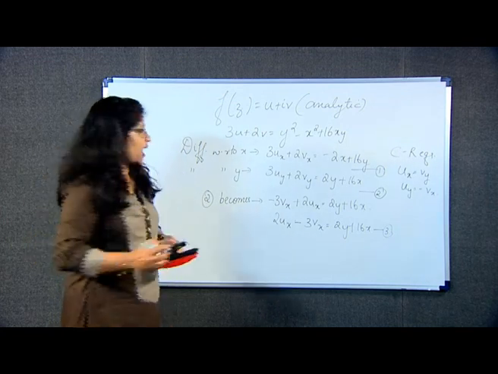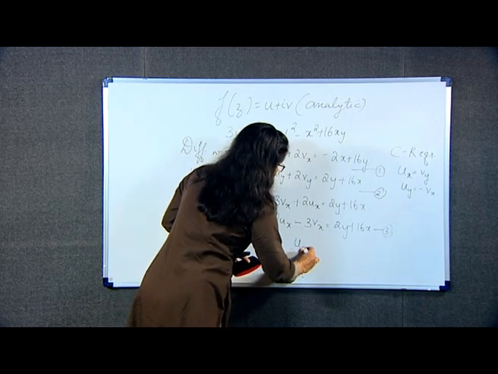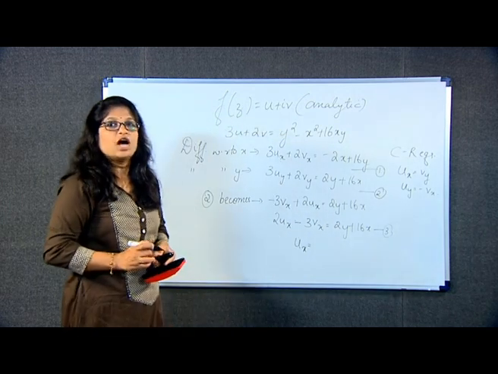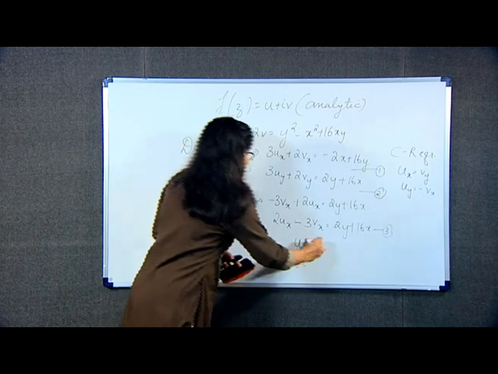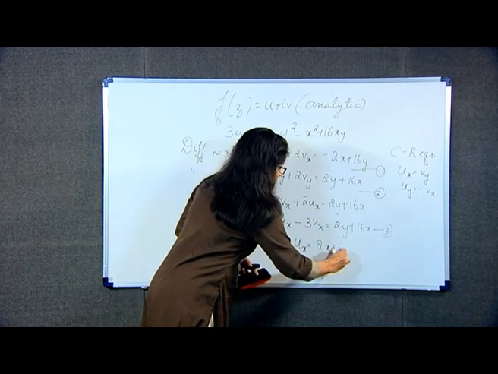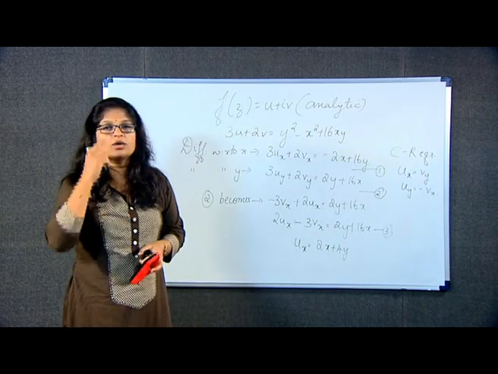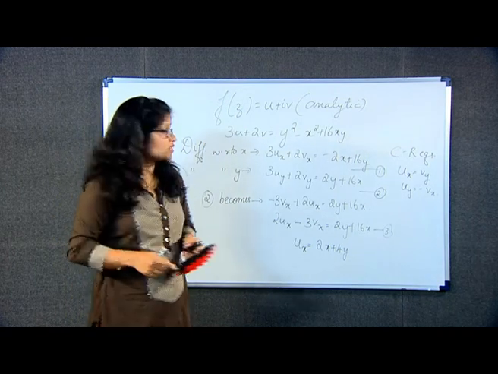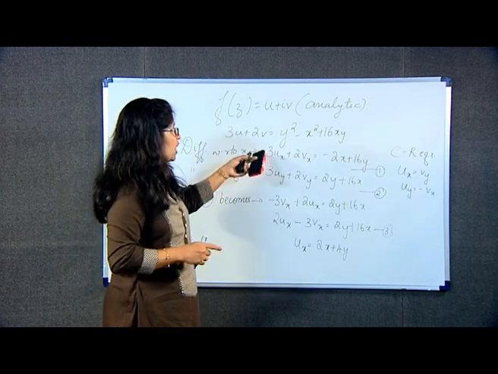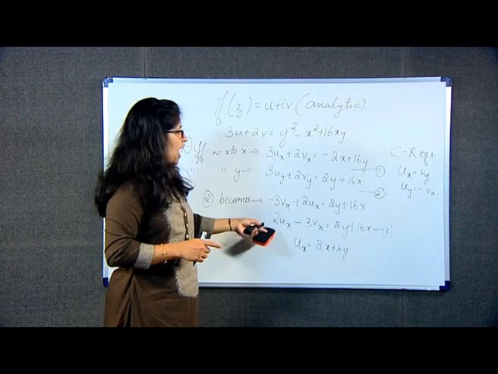What do you get your ux and vx as? Solving simultaneously, you get ux as 2x plus 4y. Now I can also get vx by simultaneously solving the first equation and the third equation.